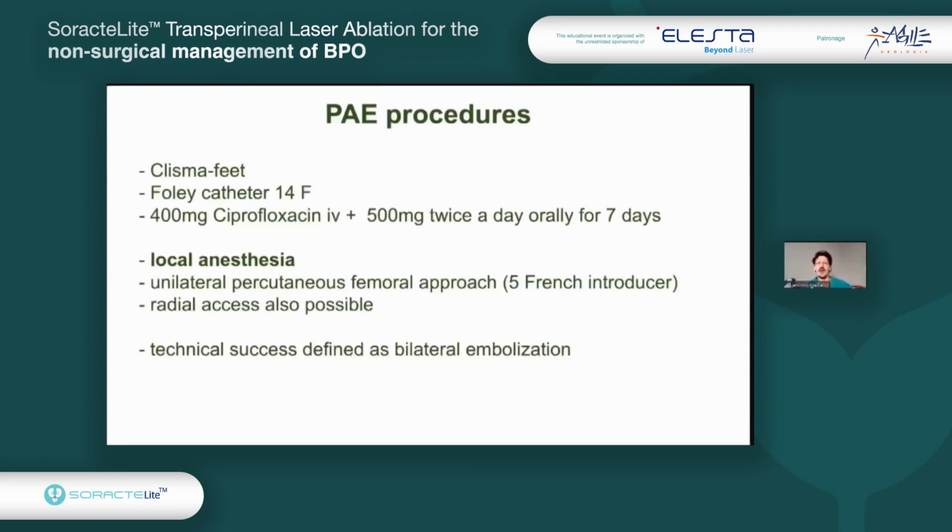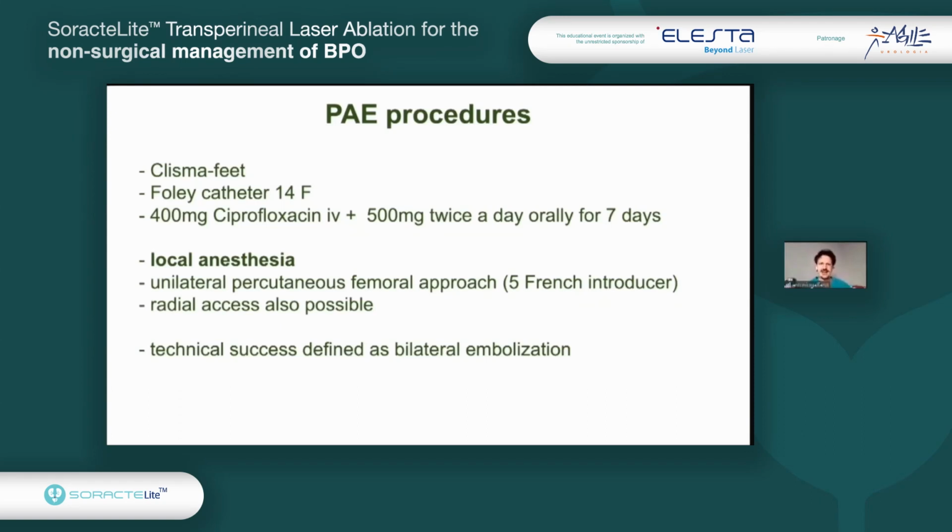Over the years, the procedure changed somewhat, improved, was refined and, most of all, standardized. All patients undergo a Clisma fleet the day before. They put a Foley catheter, 8 French, during the procedure, and if they don't have a catheter before, they remove the catheter afterwards. They have an antibiotic prophylaxis. The procedure is done under local anesthesia with a unilateral percutaneous femoral approach.